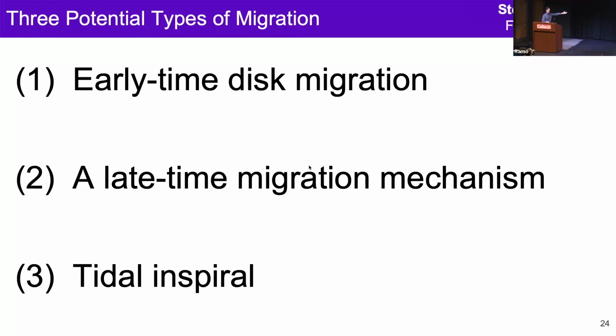We've got a late time migration mechanism that preferentially populates the peak. And we also have tidal inspiral that brings hot Jupiters closer to their host stars and destroys the ones that are closest in. This isn't something new, but because we have these subpopulation ages, we can now gain more insight into how these combine to create the population we see.